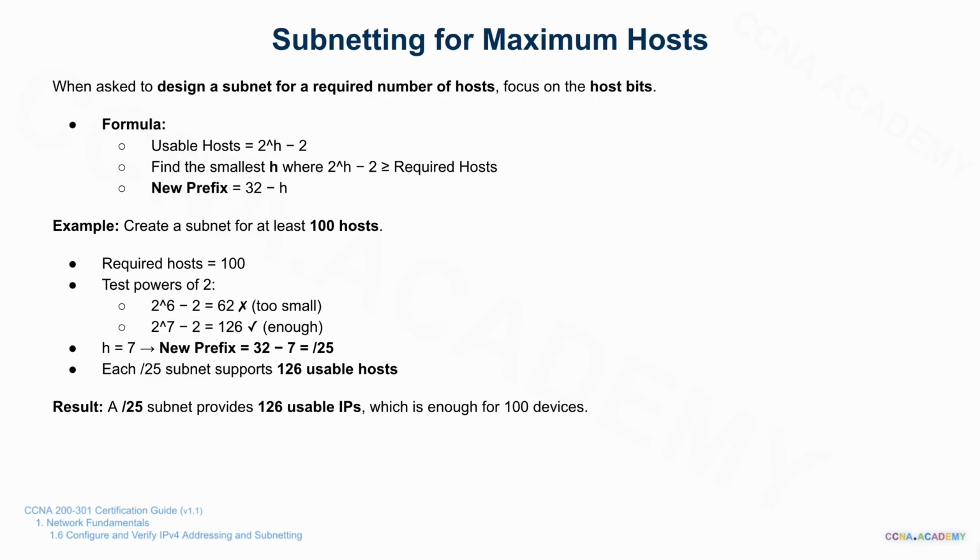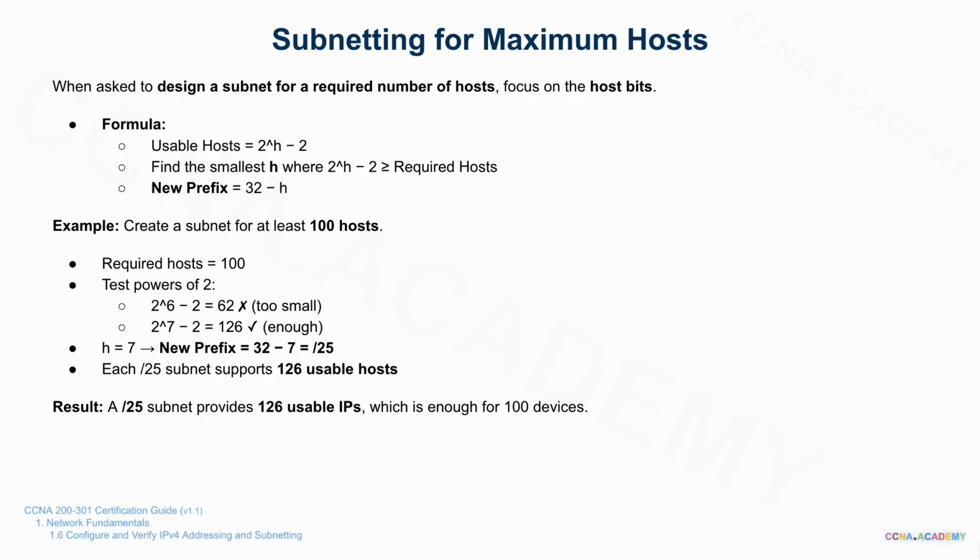When you're asked to design a subnet for a specific number of hosts, the goal is to find the smallest subnet that can fit them all. Use the formula 2 raised to the power of host bits minus 2, and test until the result meets or exceeds the required number of hosts. For example, if we need at least 100 hosts, 2 to the power of 6 equals 64, which is too small. 2 to the power of 7 equals 128, which is enough.